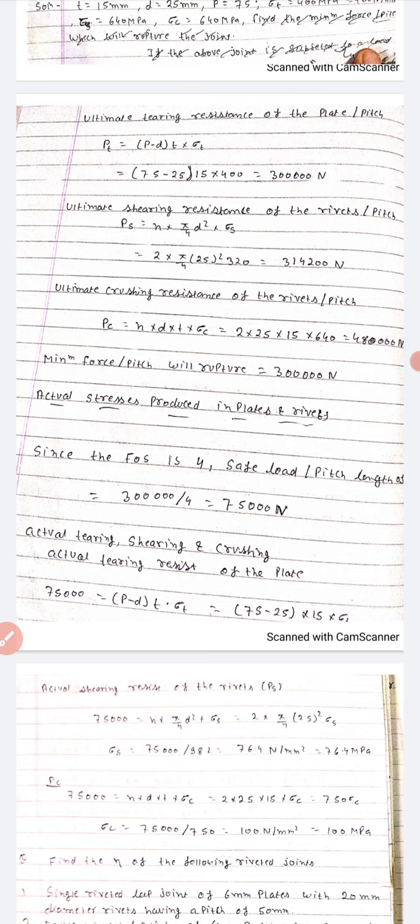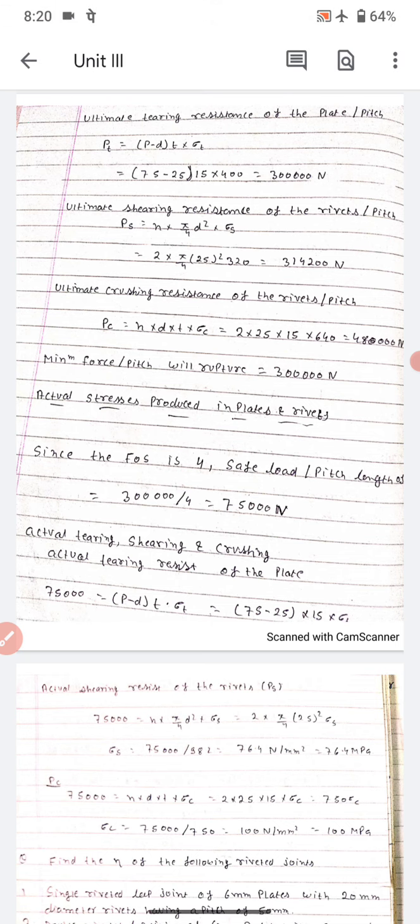So factor of safety 2 or 2.5 is used where the risk is less, but factor of safety 4 or more than 4 will be used where the risk is high. And as the question says the factor of safety is 4, maybe a simple assumption is that this plate is used in the boiler shell.